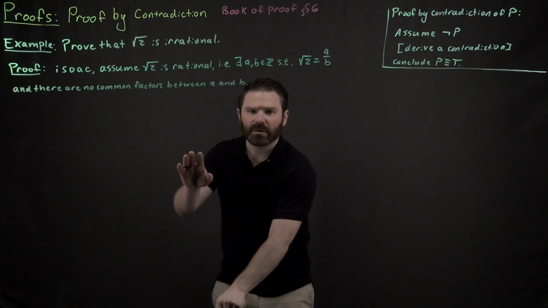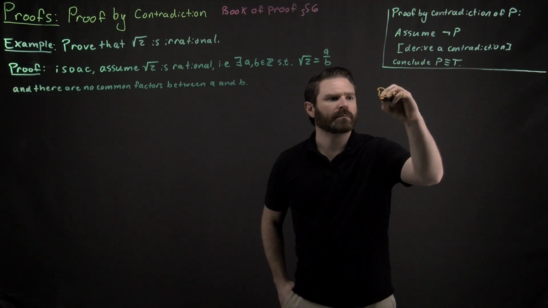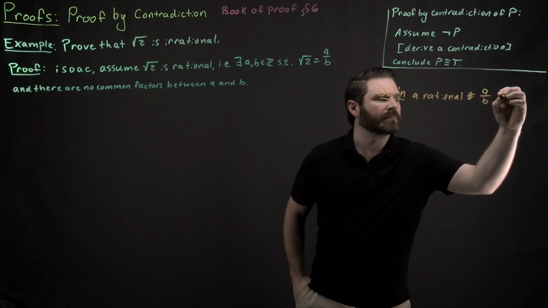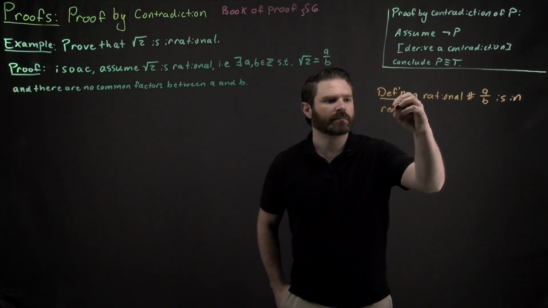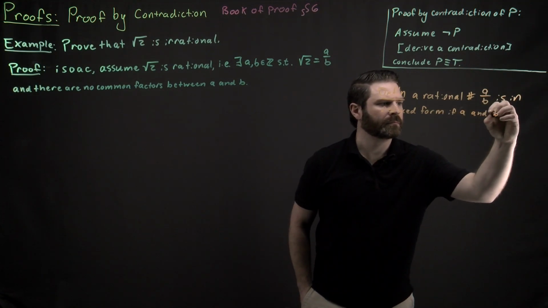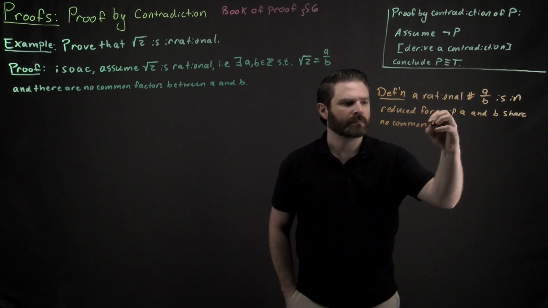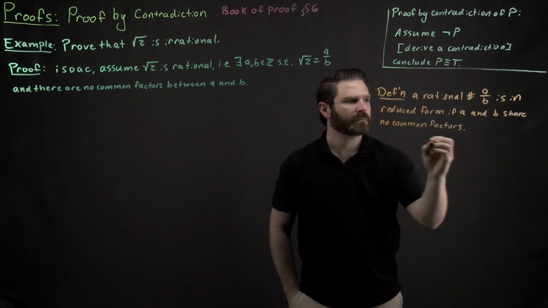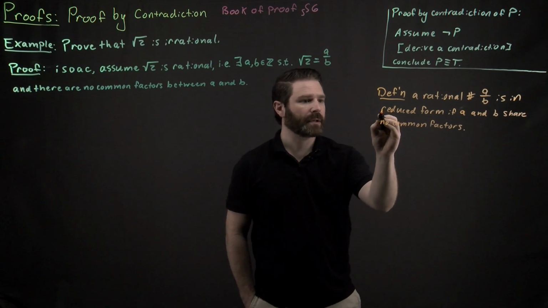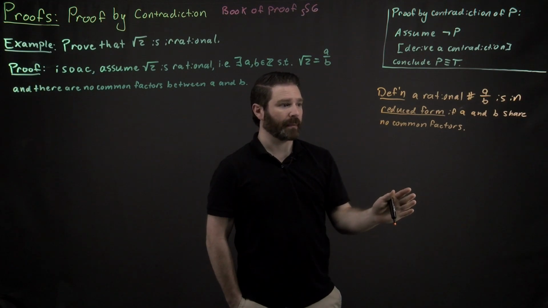And it's actually a side note, this is a definition. Our definition here is that a rational number a over b is in reduced form if the numerator and the denominator do not share any common factors.